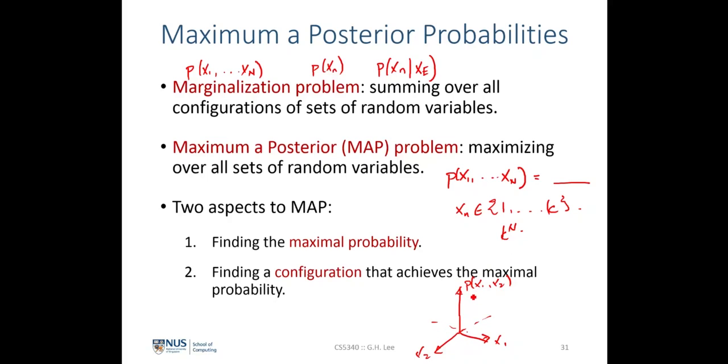And this probability over x1 and x2 would take the form of a two-dimensional surface.